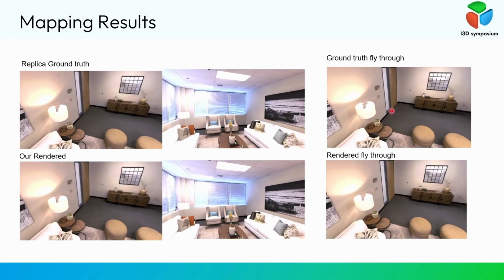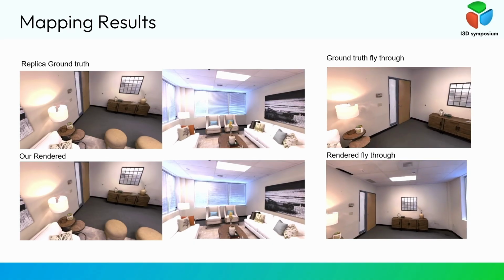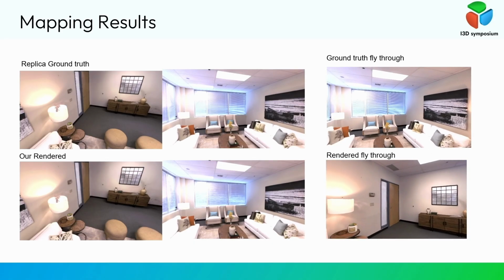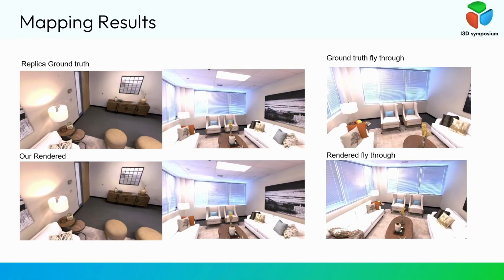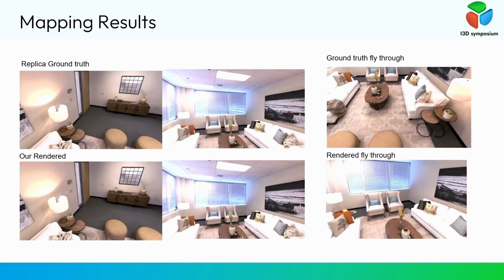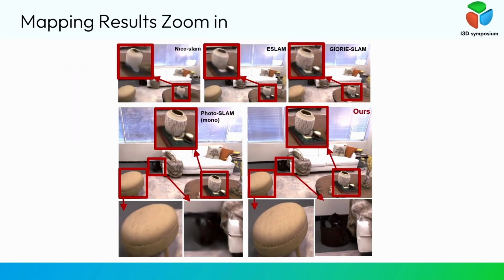And this is a fly-through of the ground truth of Replica room 0, and this is our rendered result. From those fly-throughs, you could see that it is pretty close. And here is a zoomed-in mapping result for the Replica dataset.